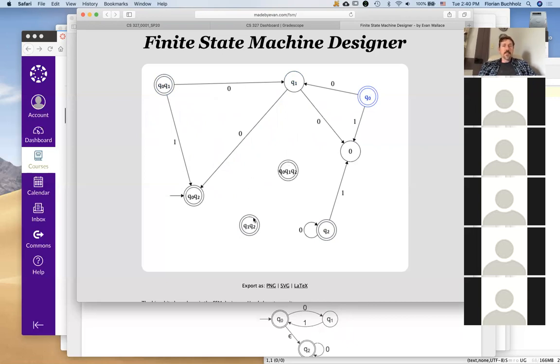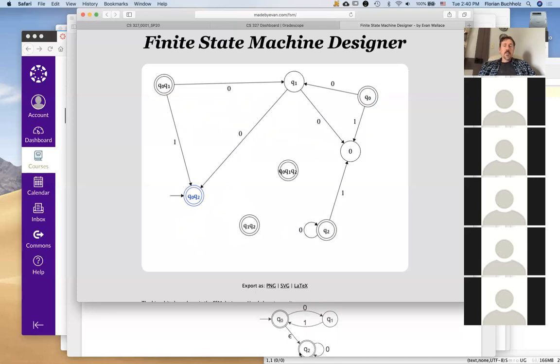So just 3 more to go, yay. So let's do this one. So if we are in either of these states, then on a 0 transition, Q0 would go to Q1, but Q2 would stay in Q2.